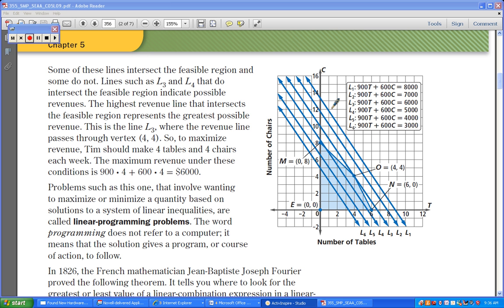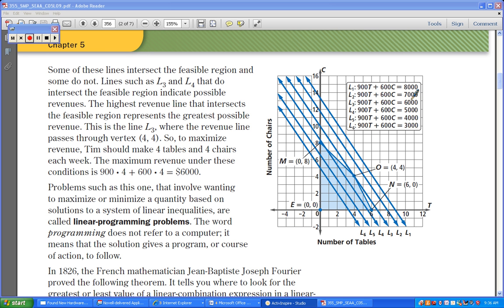He can't make $8,000 if you see here. Because if you graph this line, 900t plus 600c equals 8,000, it is beyond our possible combinations. These are our possible combinations because we are limited by supplies. In order to make this, I would have to make more tables and chairs. So I cannot make $8,000.